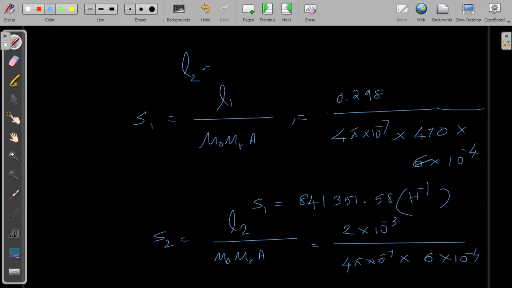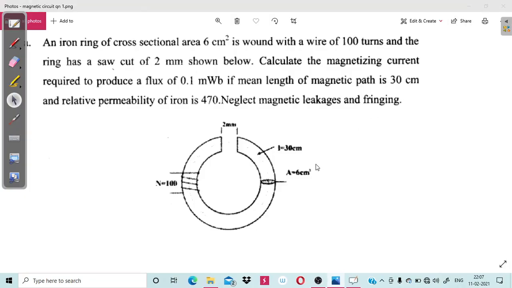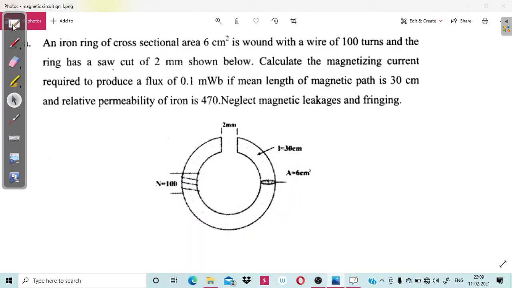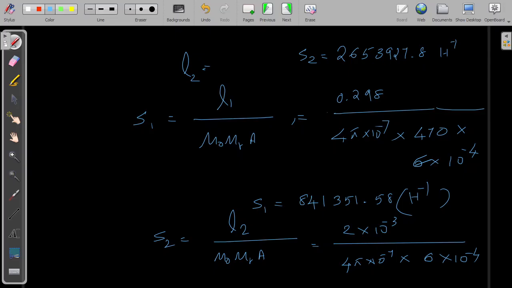Okay, so we will get S2 equal to, let me calculate it. Okay, so we got the answer S2 equal to this much.